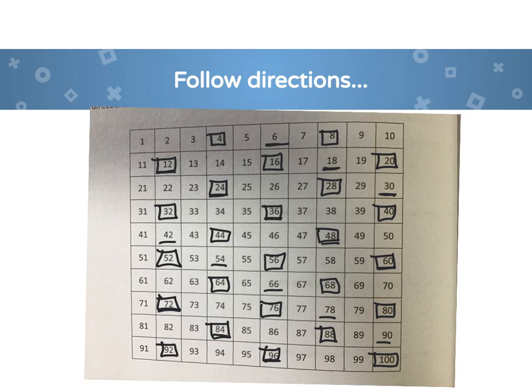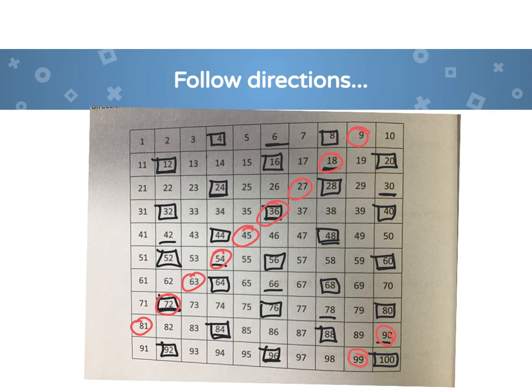Okay, and D says circle the multiples of 9. Choose one. What do you notice about the sum of the digits? So let me circle the multiples of 9. You pause and you do that in your book. Okay, and then it says, what do you notice about the sum of the digits? Remember, a sum is adding up something. So let's choose one.